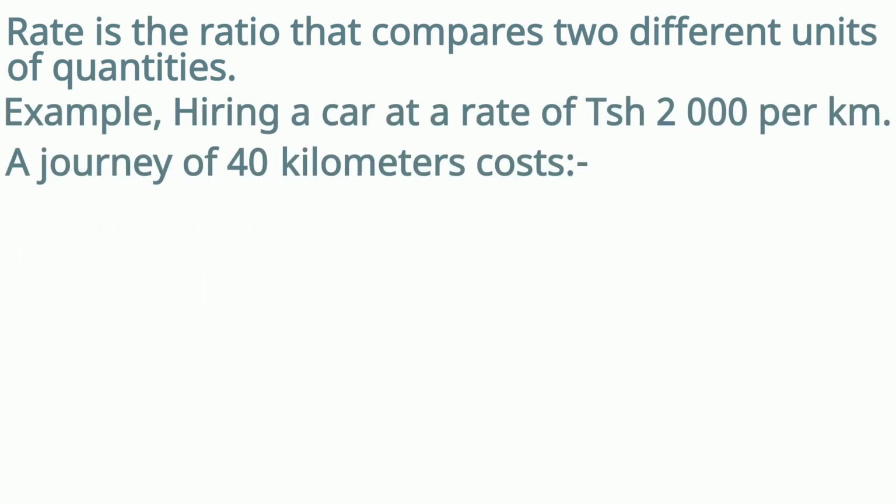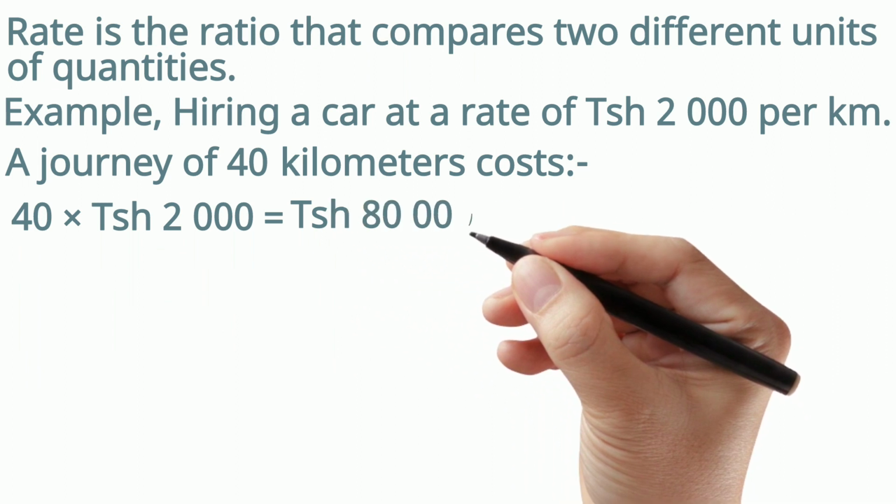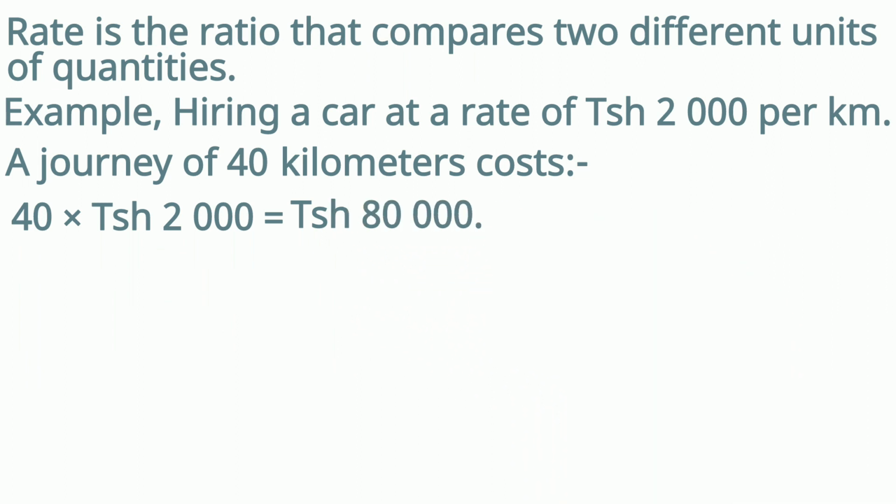For example, if we hire a car at a rate of T shillings 2,000 per kilometer, a journey of 40 kilometers will cost 2,000 shillings times 40 kilometers, and we are going to get 80,000 T shillings.